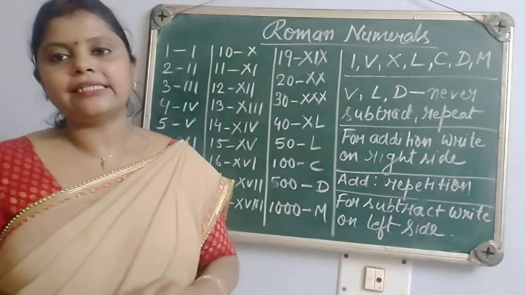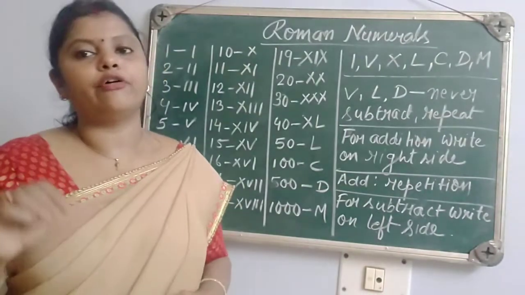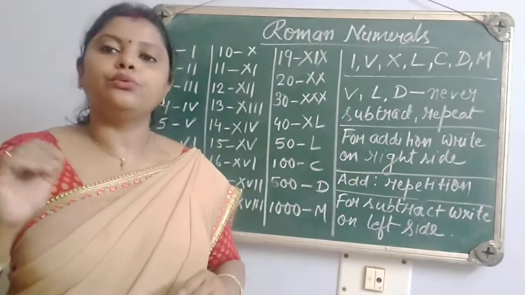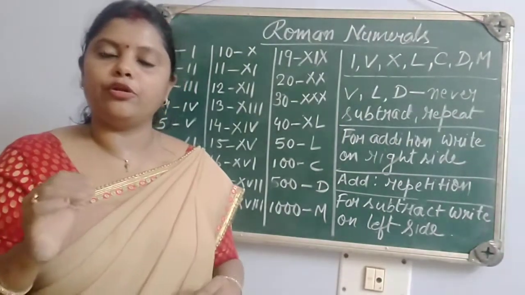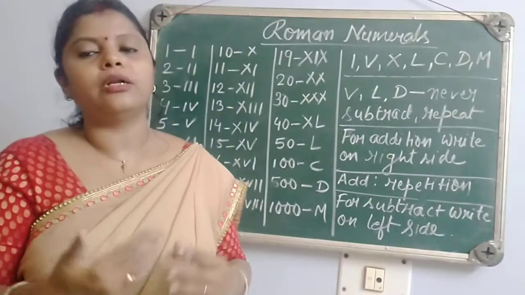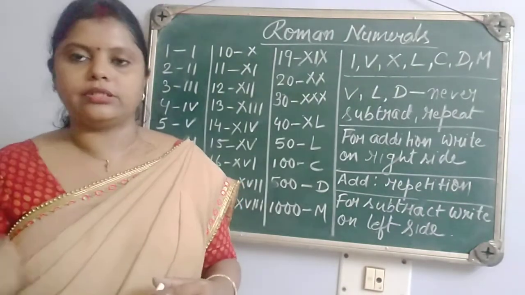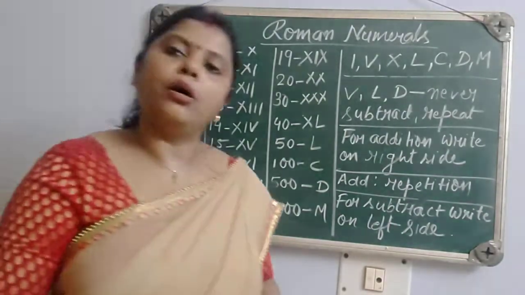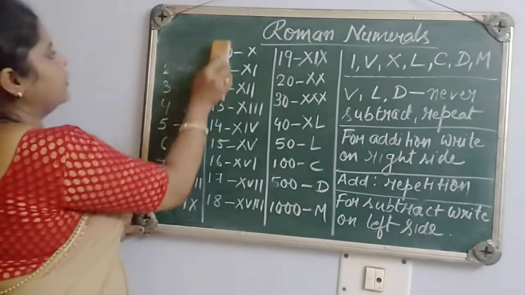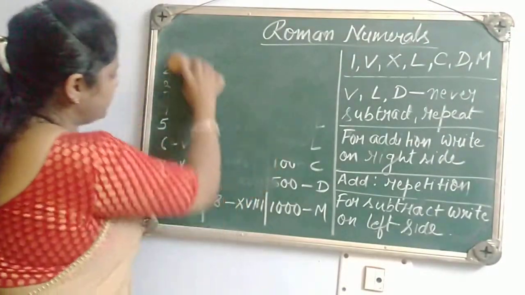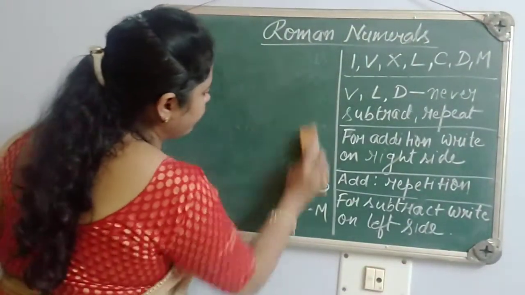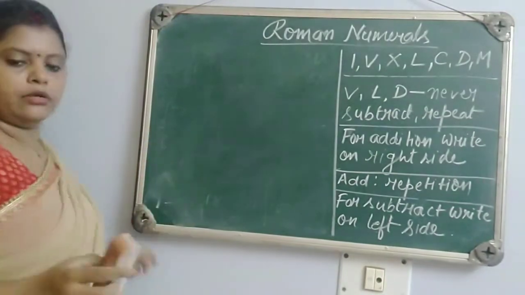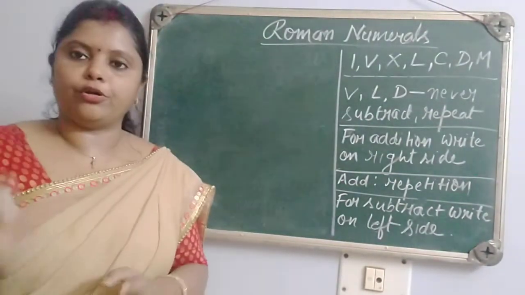So this is the basic rule which is very important for you all to understand to write any of the Hindu-Arabic numerals in Roman numerals or Roman numbers in Hindu-Arabic numerals. I am going to give a few examples so that the concept will become more clear. So, first of all, suppose I am giving two different numbers and the question is to write in Roman numerals.